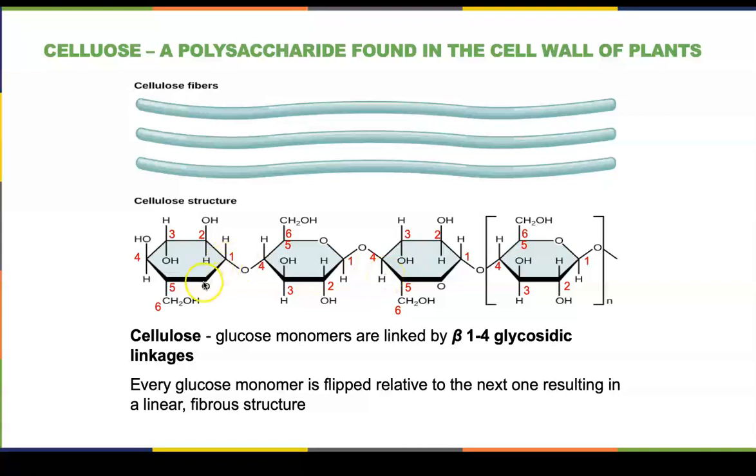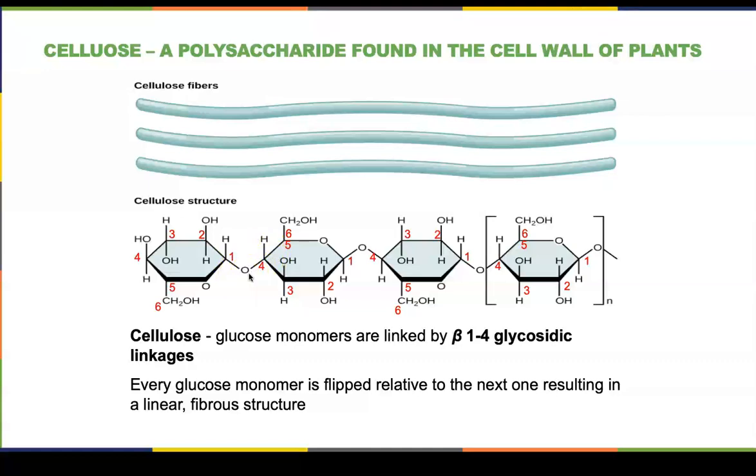So now if we want to count the carbons, because it's flipped over and we're looking at its bottom, we have to go in the opposite direction. So we would count these as 1, 2, 3, 4, 5, and number 6 coming out of the ring. The linkages in cellulose still connect a number 1 carbon and a number 4 carbon through this glycosidic bond or glycosidic linkage.